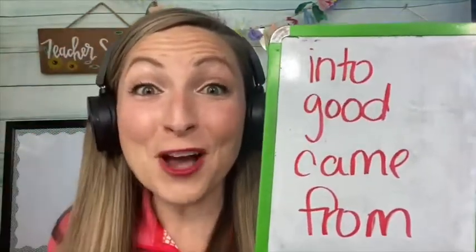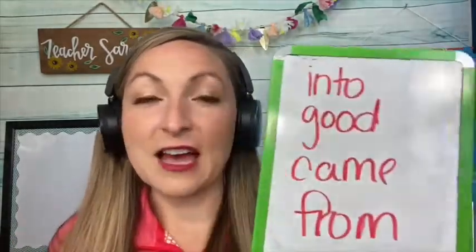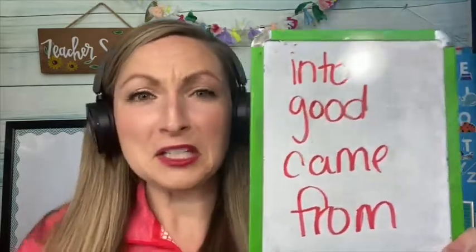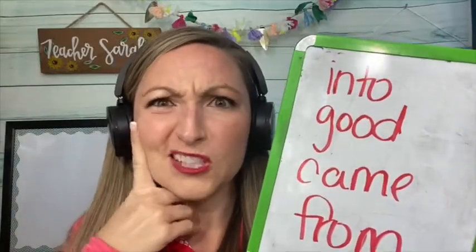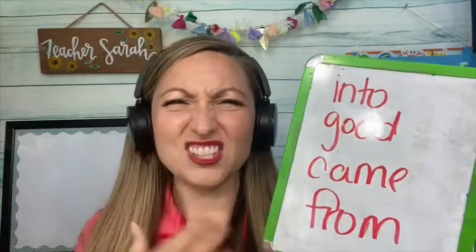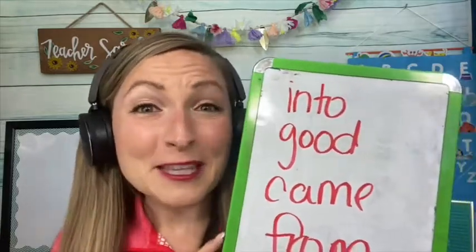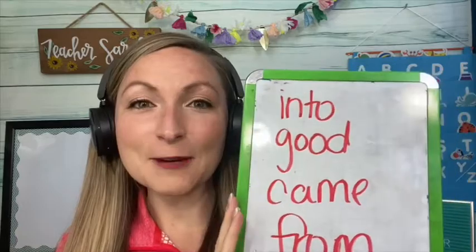Into, good, came, from. Sometimes I've even just punched the words, let's punch. Into, good, came, from. You can sing the words, say them slowly. Do something fun, silly. I've just mixed it up every time, just trying to experiment with it. But I just introduce the sight words and then start into your lesson.